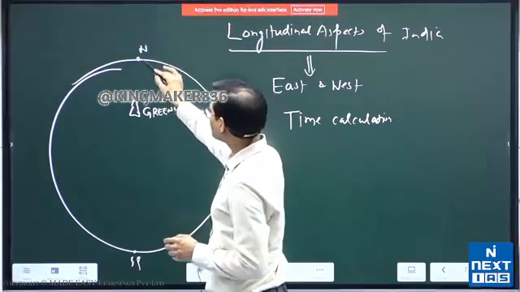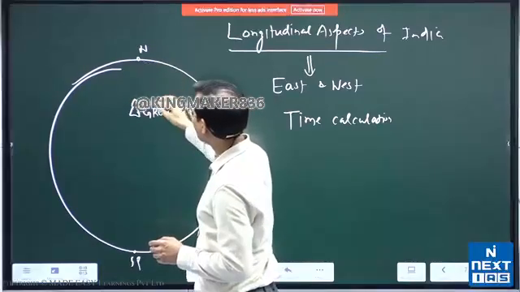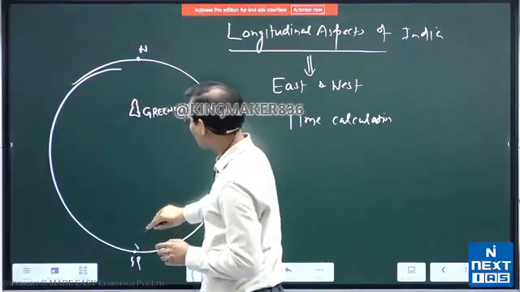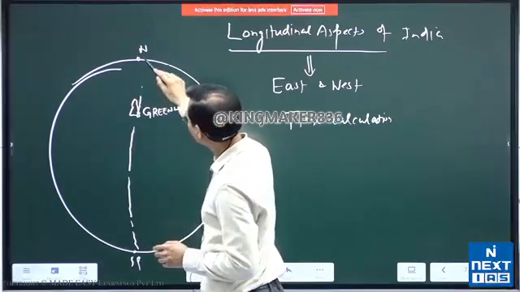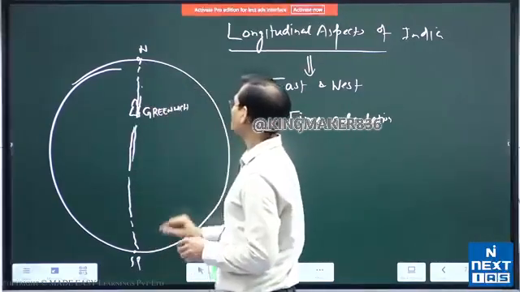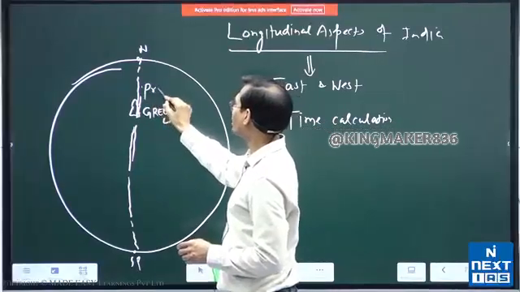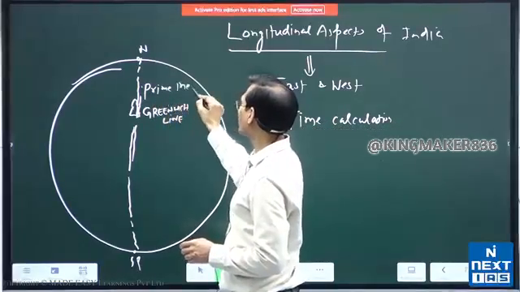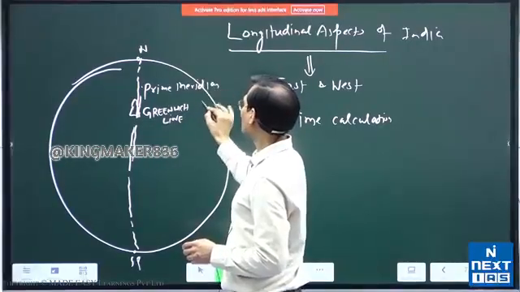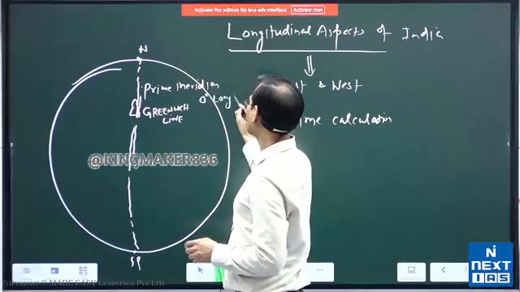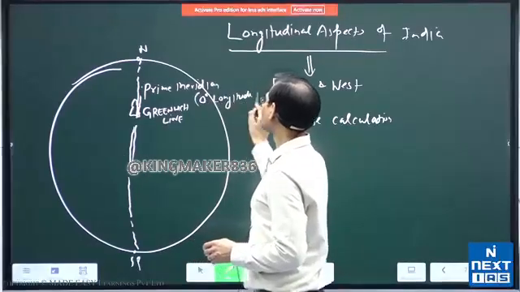So on the surface, joining North Pole, Greenwich and South Pole, one imaginary line has been drawn. And this line is known by which name? Greenwich line, or even prime meridian. Or even 0 degree longitude. This line.